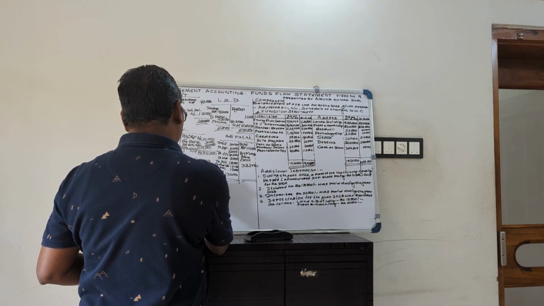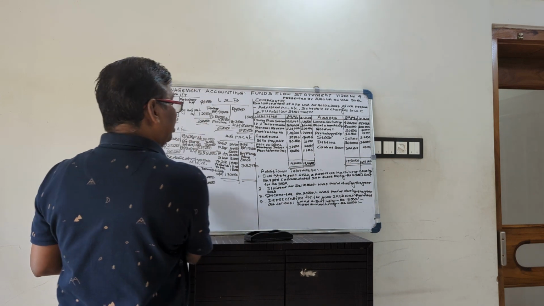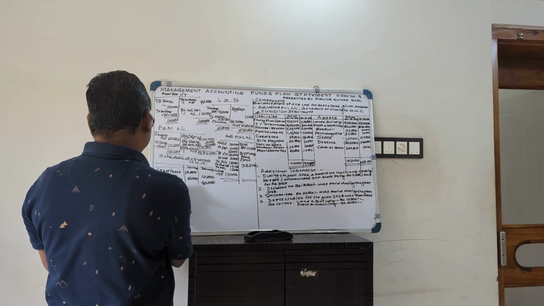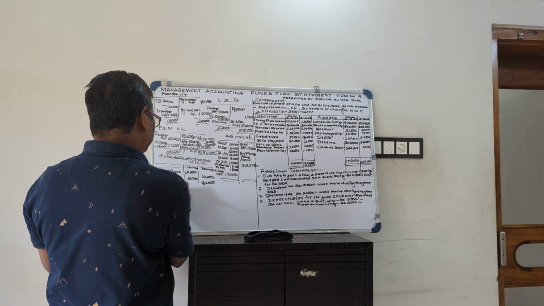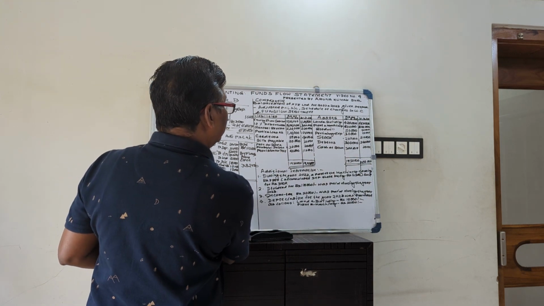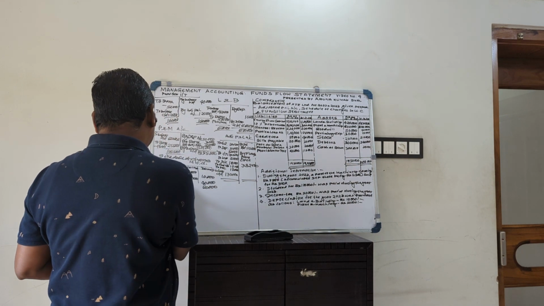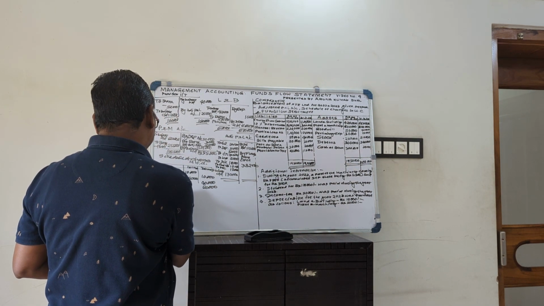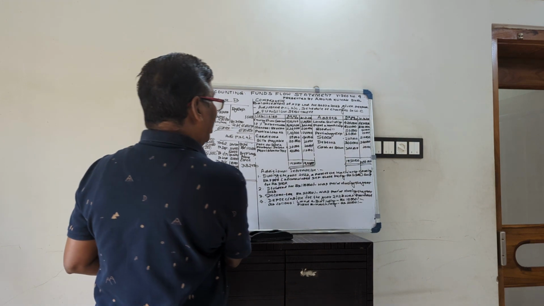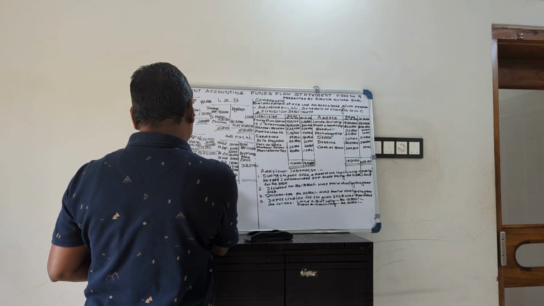Then debtors decrease 60,000. Then cash and advances decrease, 2,76,000.